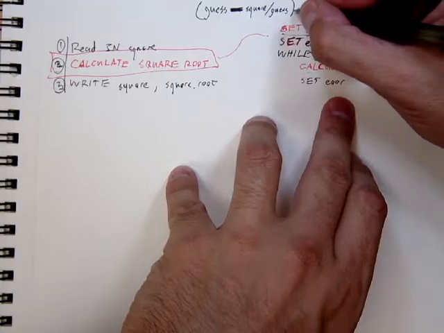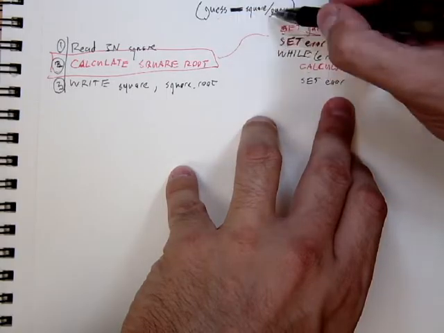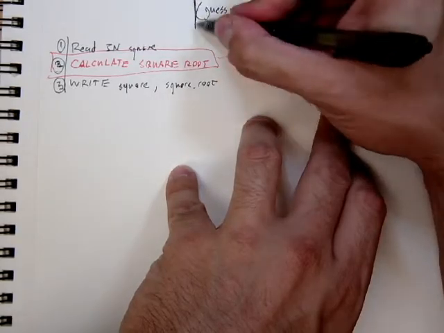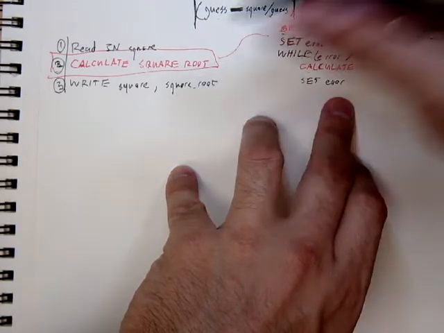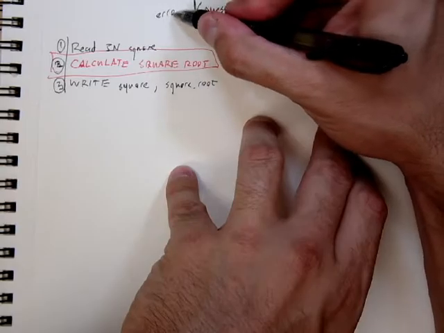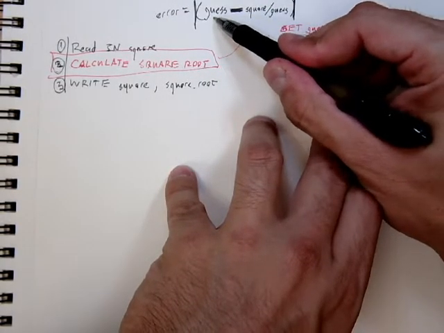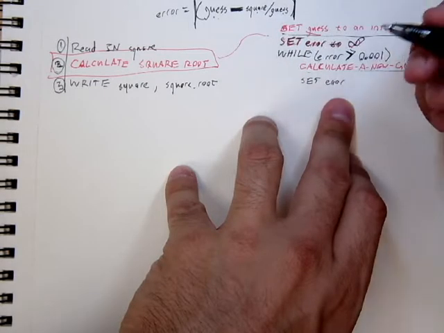If it's less than 0, then one of those numbers is wrong. And if it's bigger than 0, then one of those numbers is wrong. But I don't care which direction it is. So my error is going to be equal to the absolute value of the difference between my guess and the square divided by my guess.